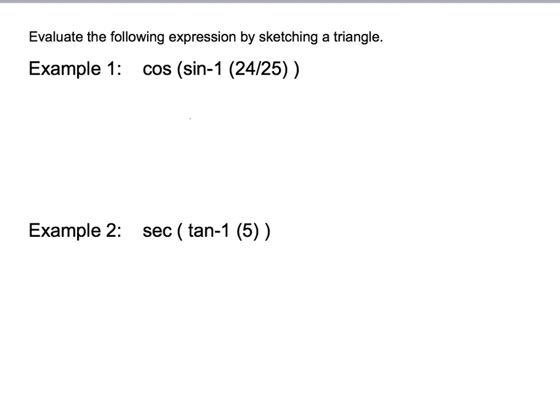Okay, the last thing we're going to look at here is kind of a combination of some of our inverse trig functions with another trig function. And we can help evaluate these by sketching a triangle. And I think the first one we look at here is the cosine of the inverse sine of 24/25. Well, realize that this expression right here finds some angle.